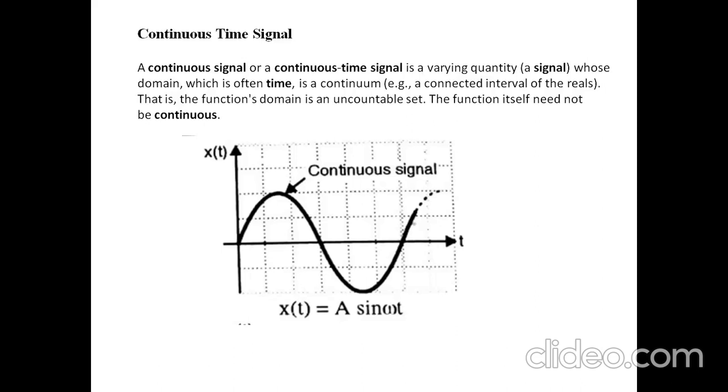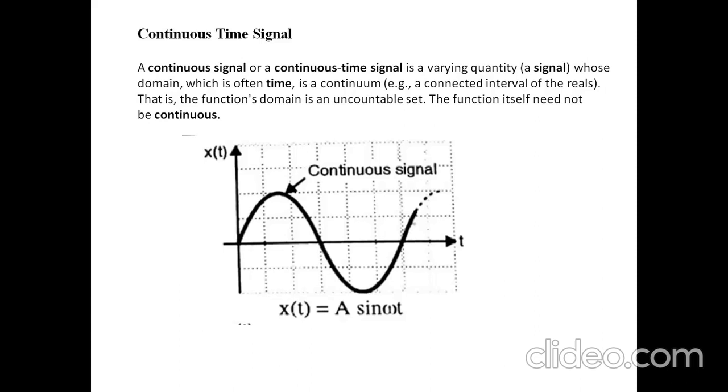A continuous signal or a continuous time signal is a varying quantity whose domain, which is often time, is a continuum. For example, a connected interval of the reals.